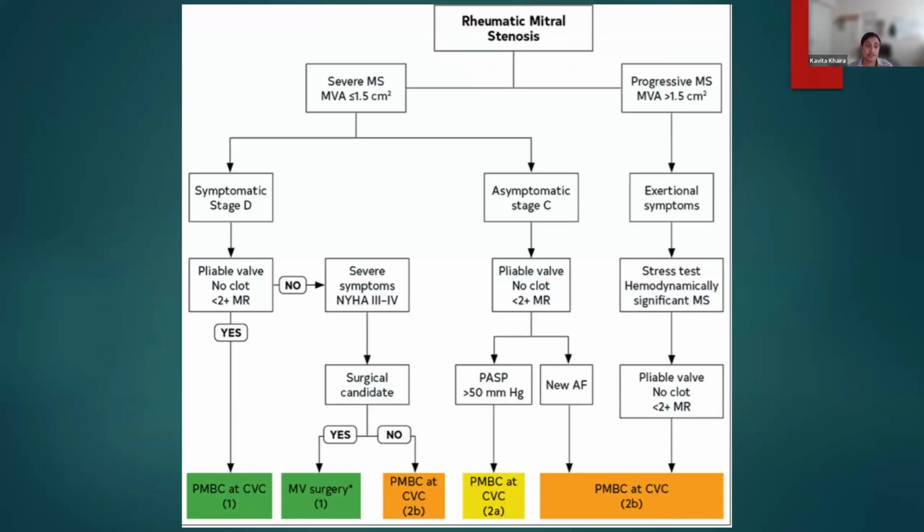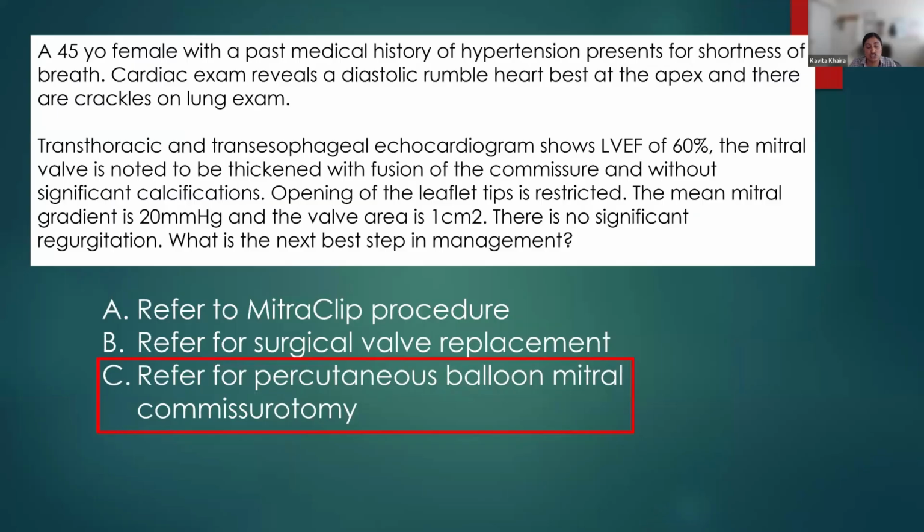So here's the valve guidelines for rheumatic mitral stenosis. In patients who have a pliable valve, so if the question instead had the patient has very significant calcifications or they have a lot of regurgitation, you wouldn't want to do a balloon valvuloplasty in these patients, because what can sometimes happen if they're very calcified or they already have a lot of regurgitation, you crack that valve and you make the regurgitation even worse.